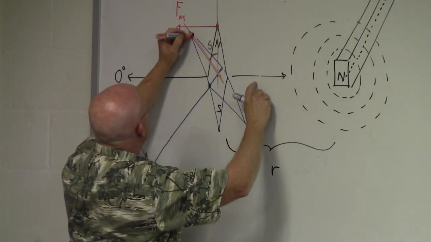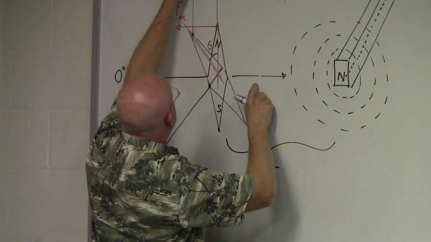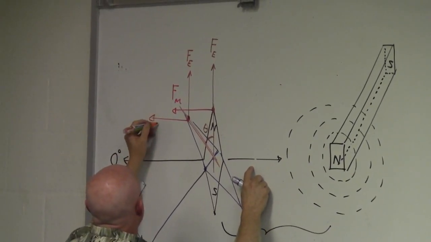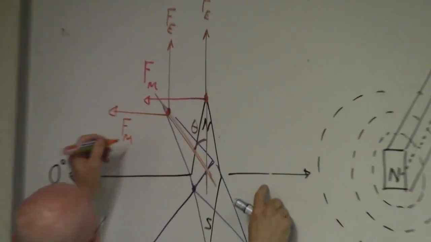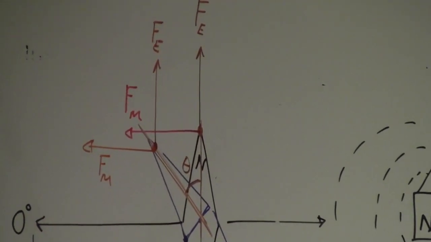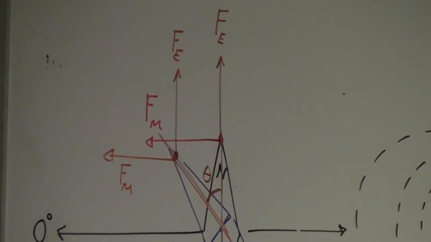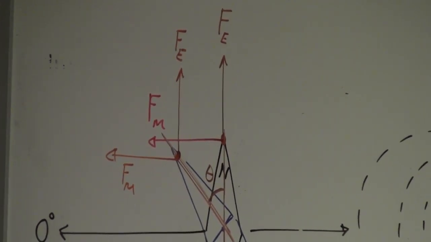I'll just redraw the force from the Earth's magnetic field, and then the force from the magnet that I'm using. And when this compass settles down, and of course now we've got to go back to physics 121 for a second, we would know the torques are equal.